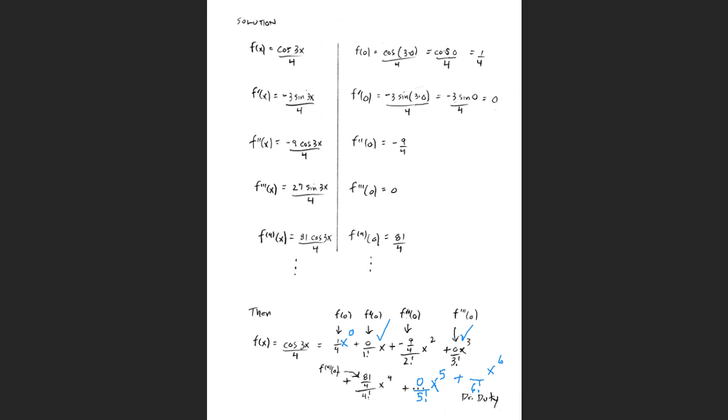factorial in the denominator. But then, would that term be positive or negative, by the way, in front of the next term? So this goes on and on. But x to the 6th power, would that term be positive or negative?